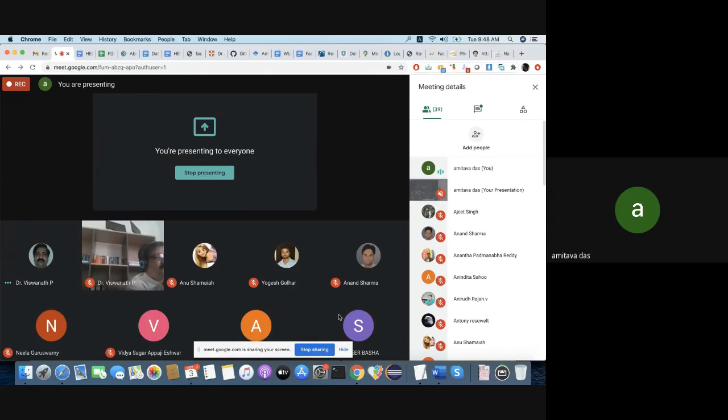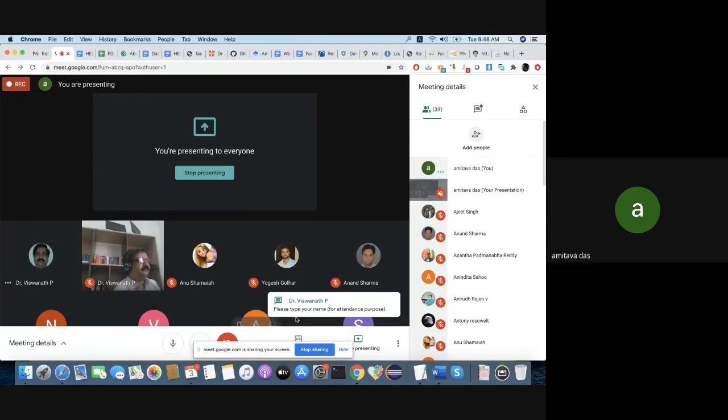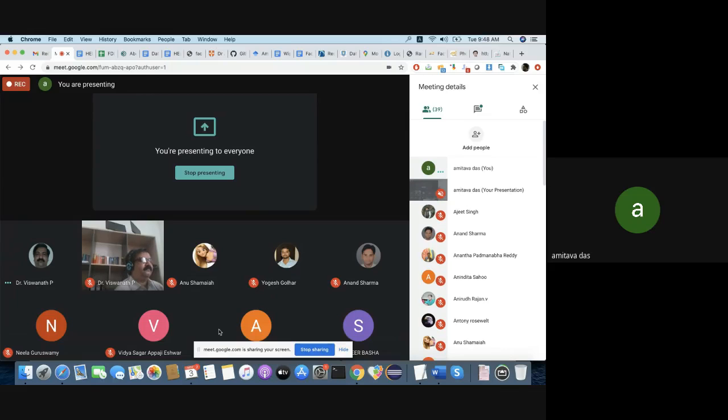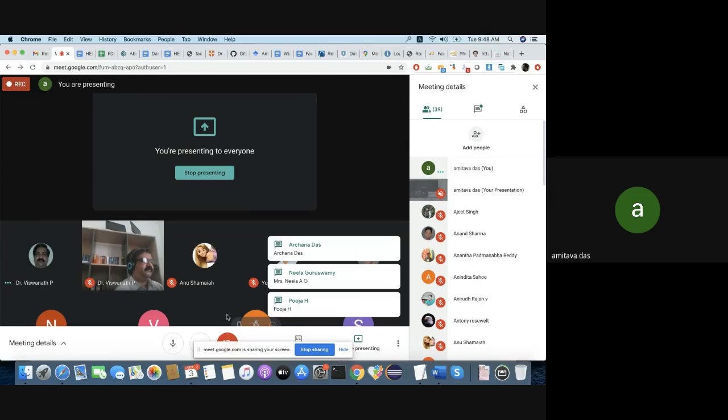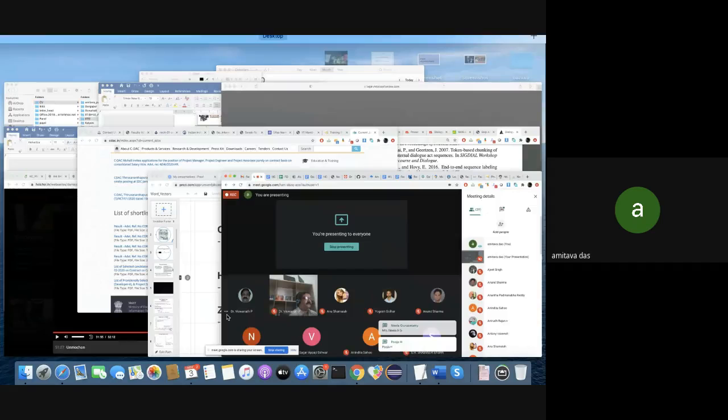So typically the index size would be much, much higher. But anyway, any question here? No question? So I can go ahead.